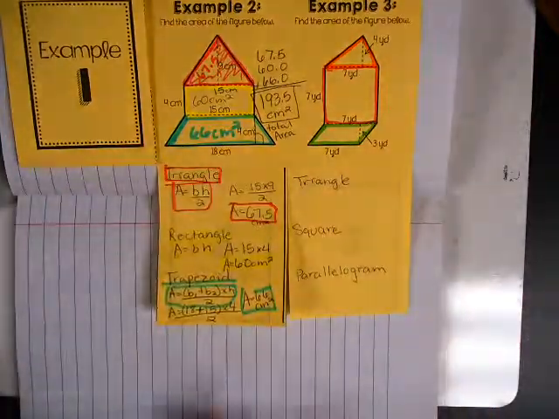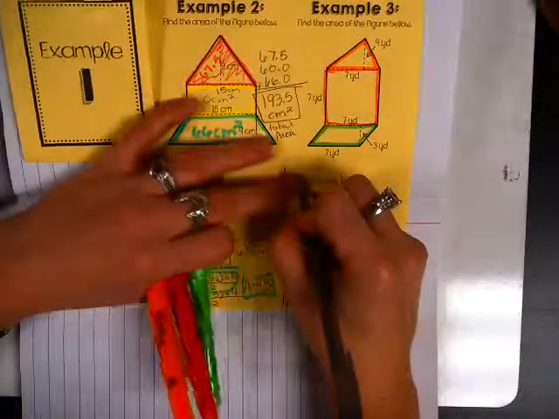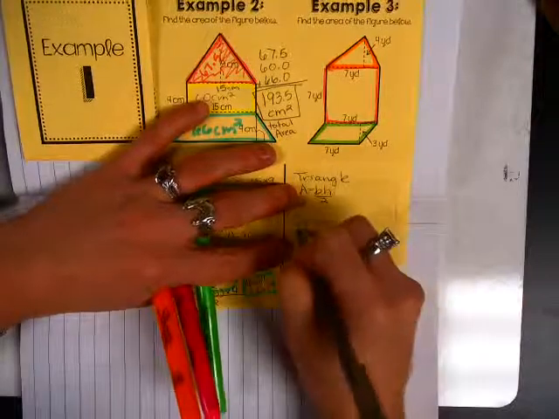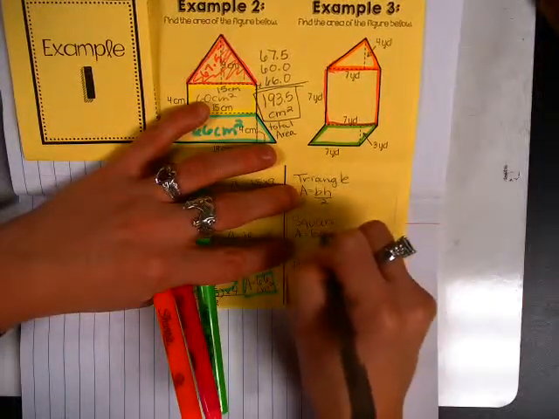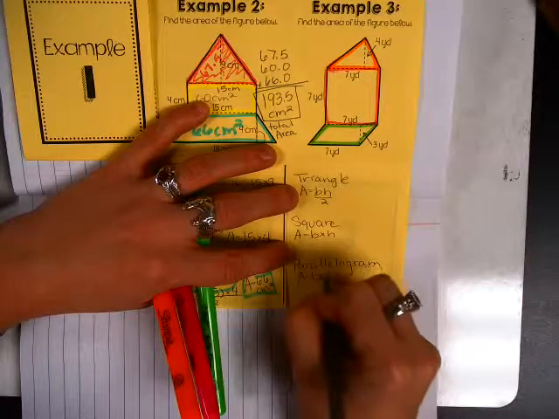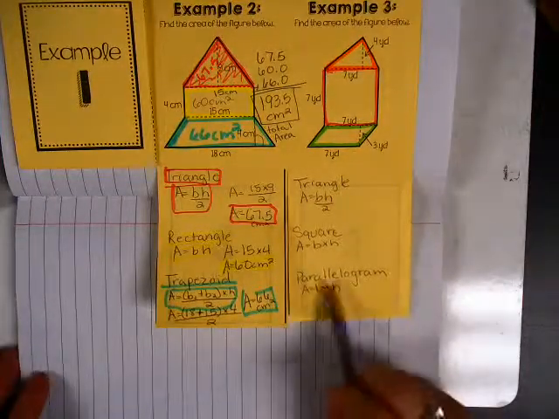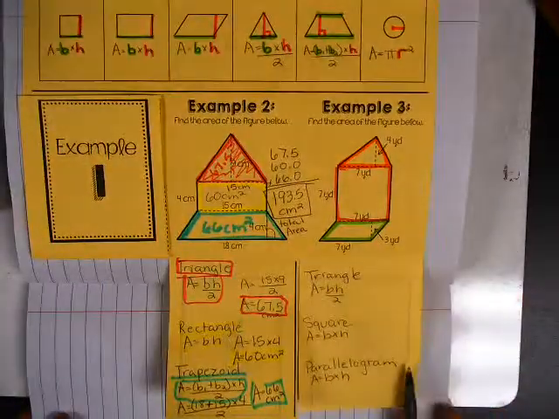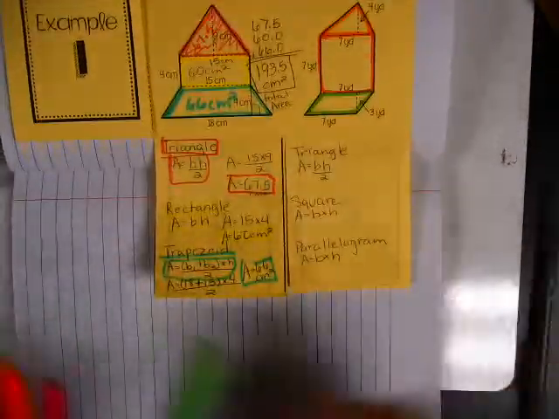Okay, so the triangle formula is A equals base times height divided by 2. The square one is base times height, and the parallelogram is base times height. Again, if you didn't know those off the top of your head, there they are.